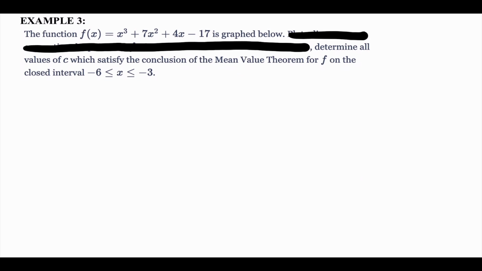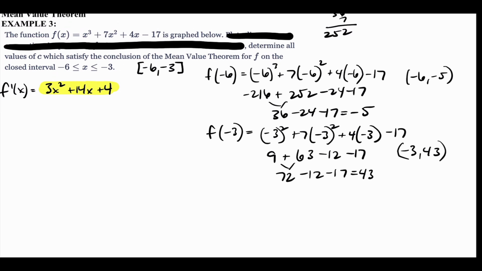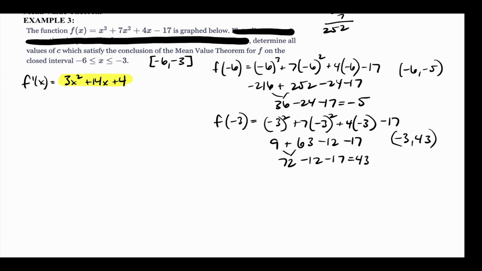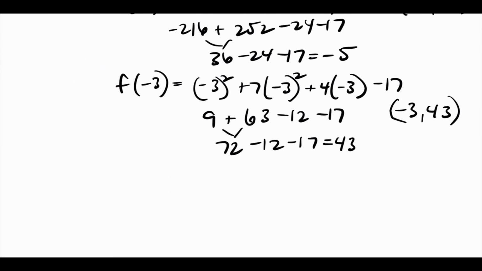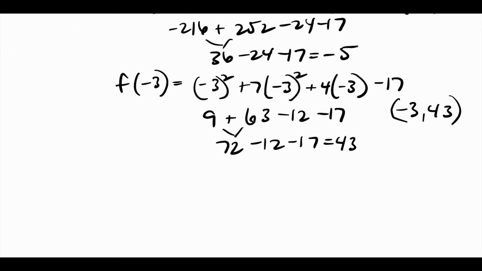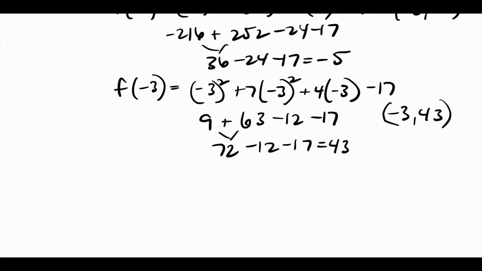Number 3. Make sure my points match up to your points. For the 2 points, I got -6, -5, and then the second one I got -343. Did I say I'm wrong? It feels like the bottom one's wrong. It's -3 cubed. Oh, yeah, that's why. Thank you.